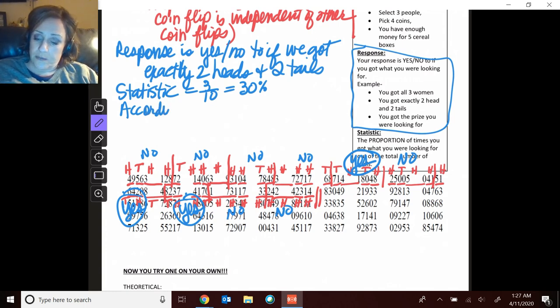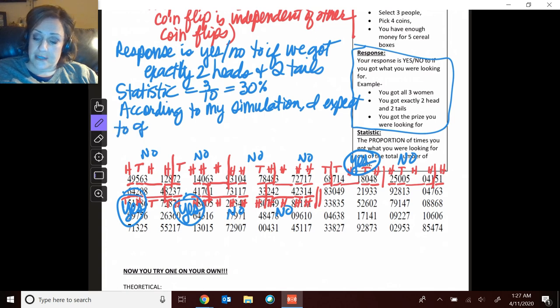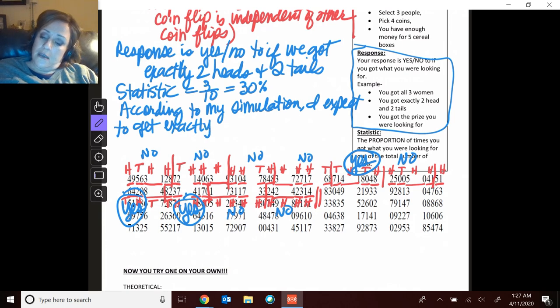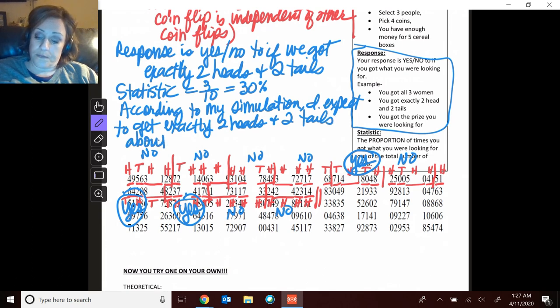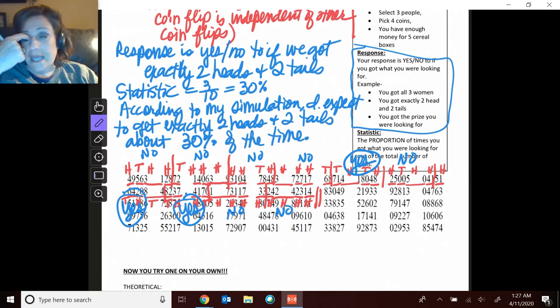So, according to my simulation, I expect to get exactly 2 heads and 2 tails about 30% of the time.